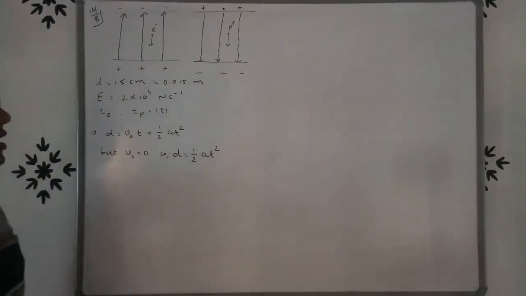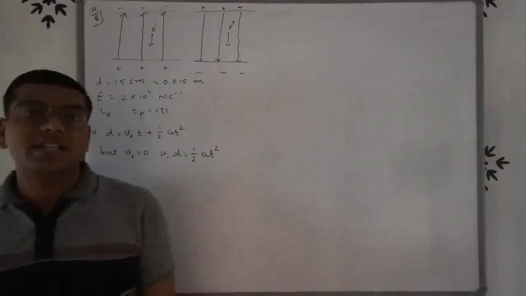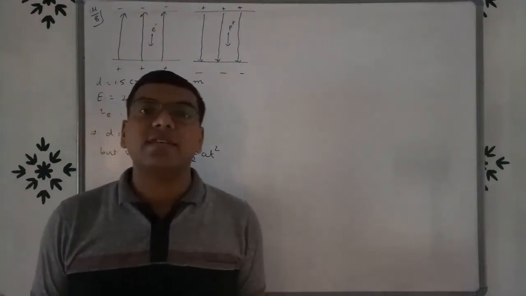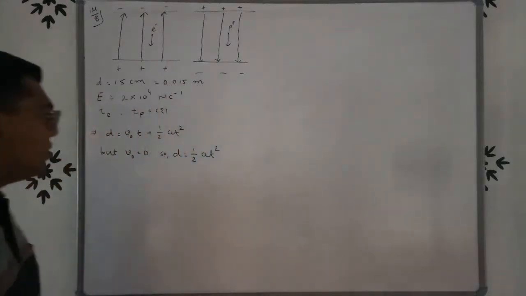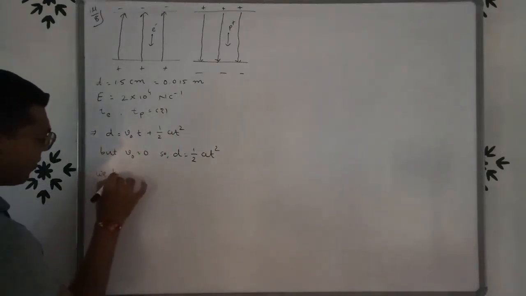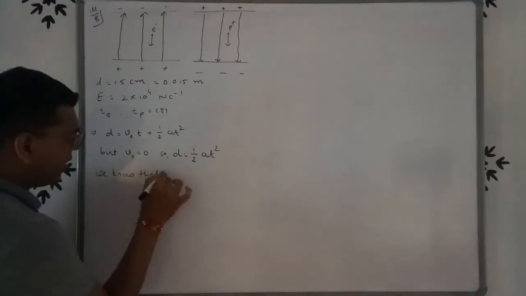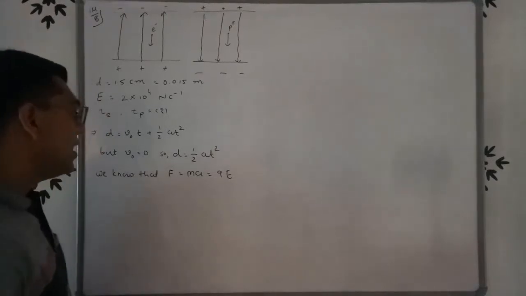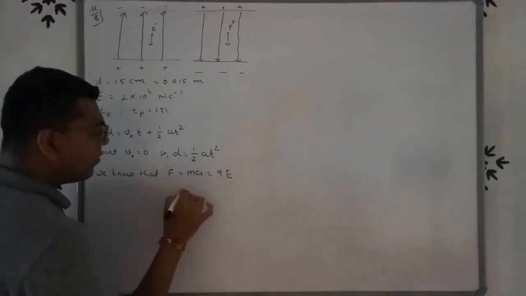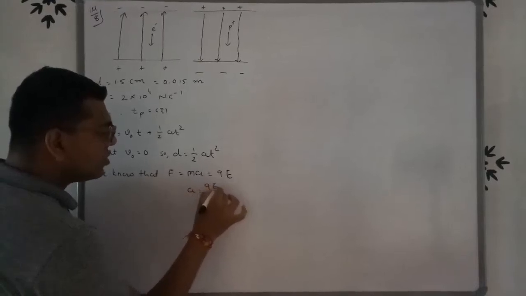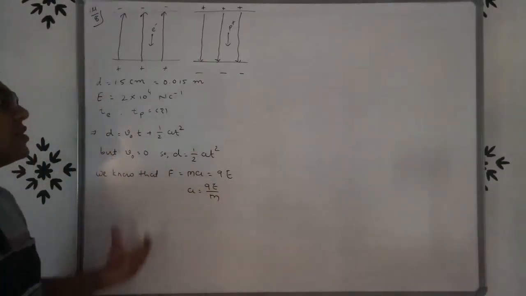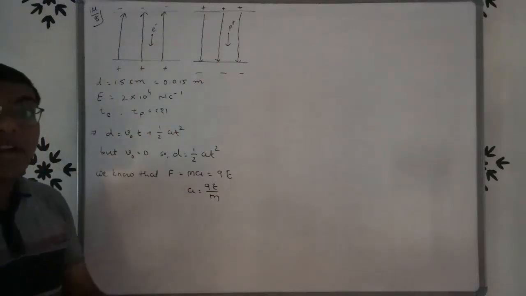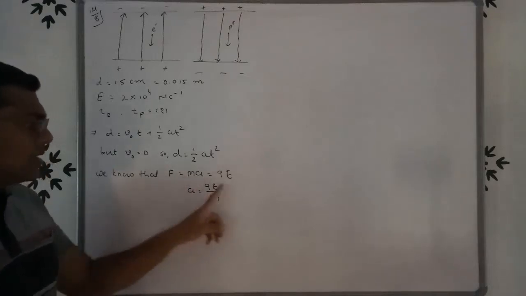Now, here we have to deal with charge, not mass. So we already know the formula F is equals to ma, and for charge F is equals to QE. So we have to find out acceleration. We know that F is equals to ma and F is equals to QE, so ma is equals to QE.